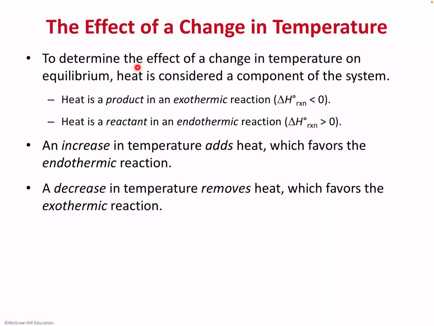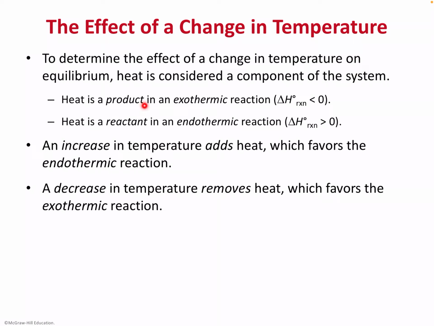To determine the effect of a change in temperature on equilibrium, we're going to consider heat as either a reactant or a product. So basically we're going to treat heat as a component of the system. You also need to refresh your mind about what an exothermic reaction and an endothermic reaction are.